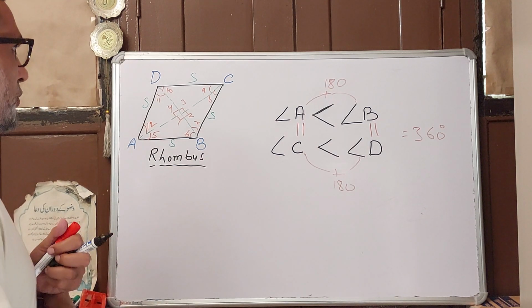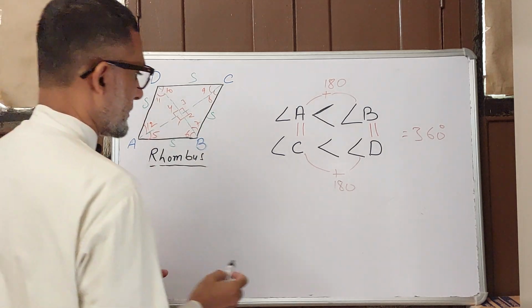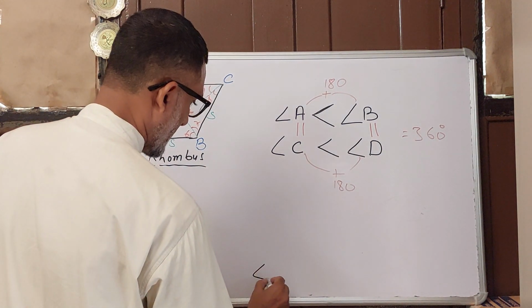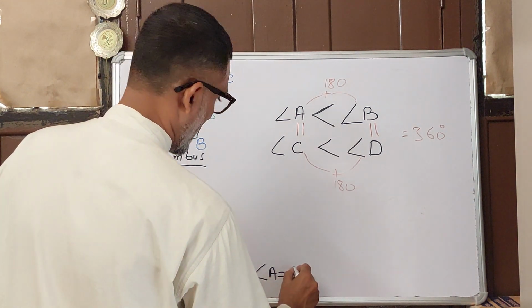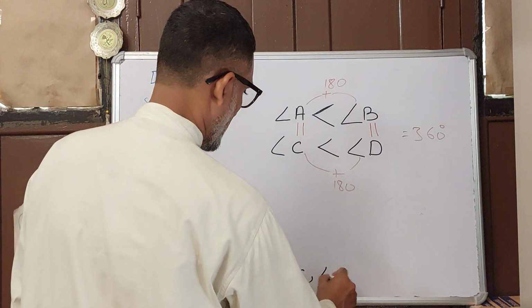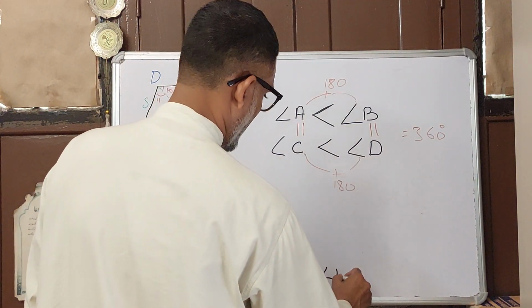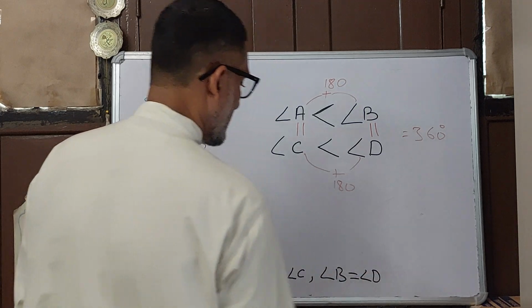So in result, we write angle A is equal to angle C and angle B is equal to angle D.